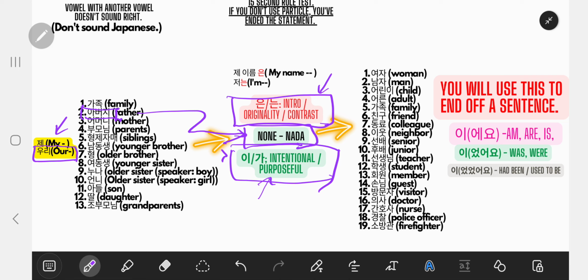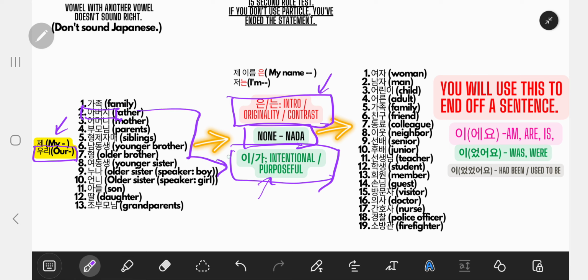You do not have potential to continue your sentence either. So if it's a small sentence, a statement that does not need to run on, go here, no particle. If you want to practice making longer sentences, you will usually go here.